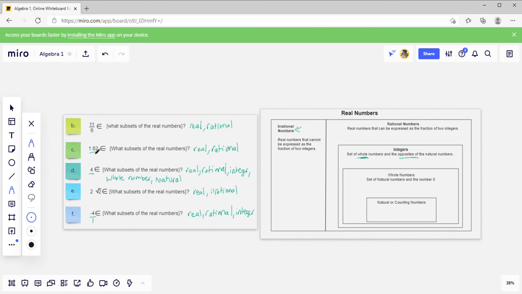Is it a whole number, the set of natural numbers and the number 0? No, it's not in that one. Remember, this is just 0, 1, 2, 3. It does not include negatives in with the whole numbers. Negatives are included with integers, not whole numbers. So we can stop there. All right, so that's the answer to those.